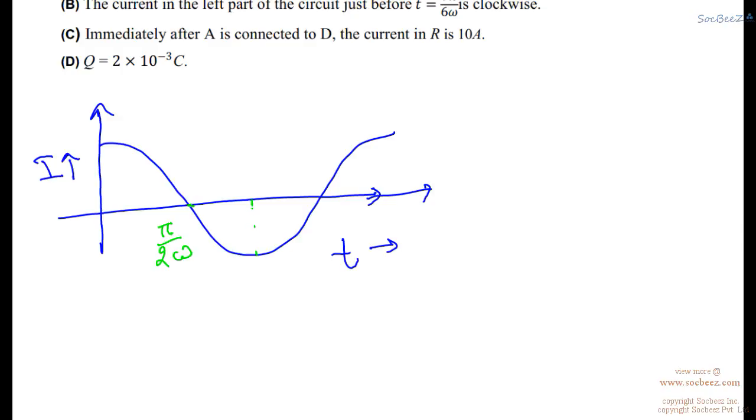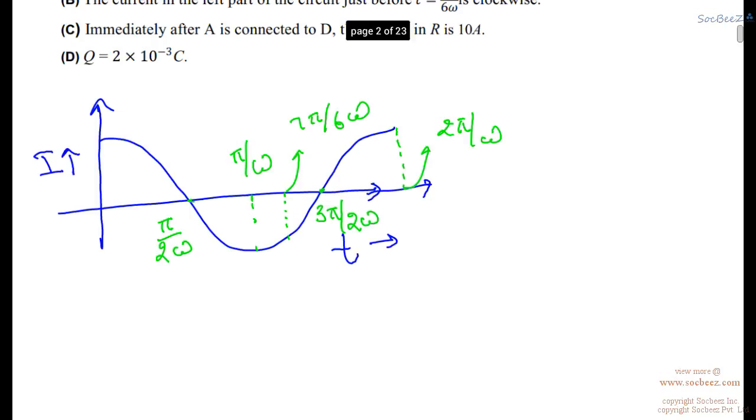This point, the minimum point, is pi upon omega, and just after this point at some distance, this point is 7 pi by 6 omega. This point is 3 pi by 2 omega, and this point here is 2 pi by omega.